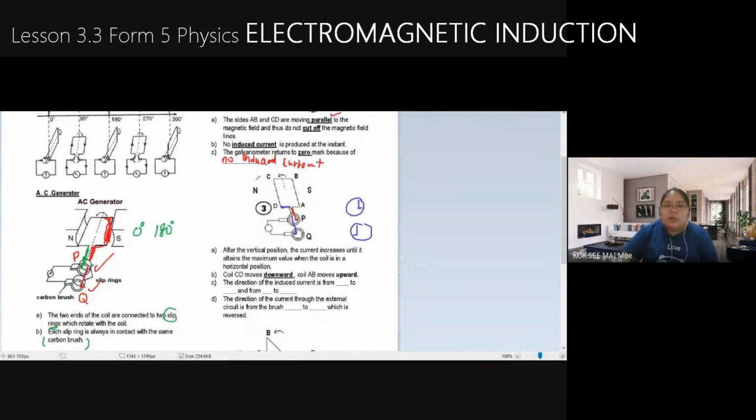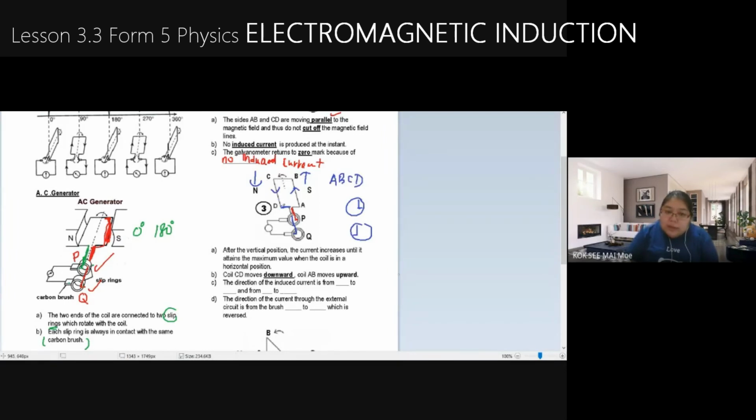Now this one goes down, this part goes up. So we join again. This one is A to B, C to D. So now I write the internal current flow: A, B, C to D. Now outside, see very carefully.